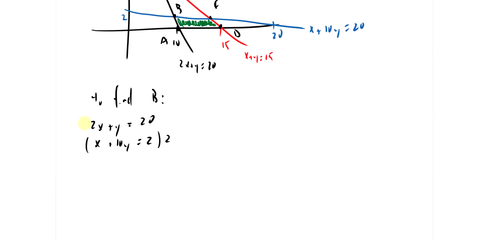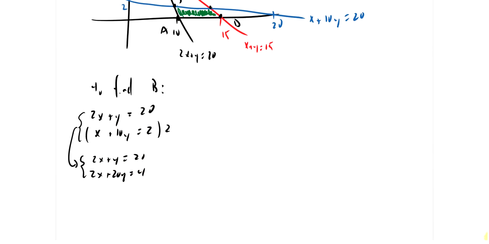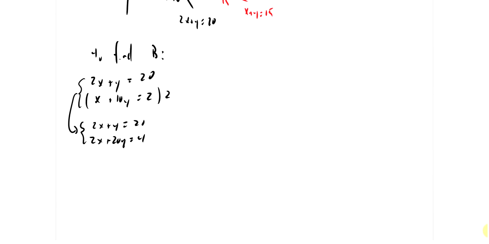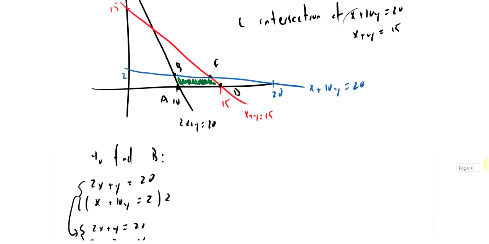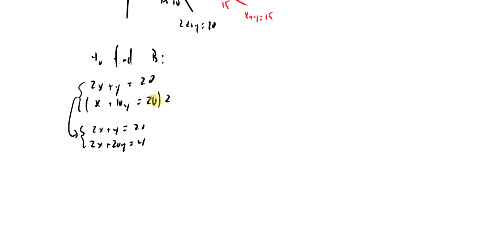And so these two equations become, keep the top one, 2x plus y equals 20, multiply the bottom by 2: 2x plus 20y equals 4. Great. Oh, it's not x plus 10y equals 2, is it? It's x plus 10y equals 20. So this becomes 40.